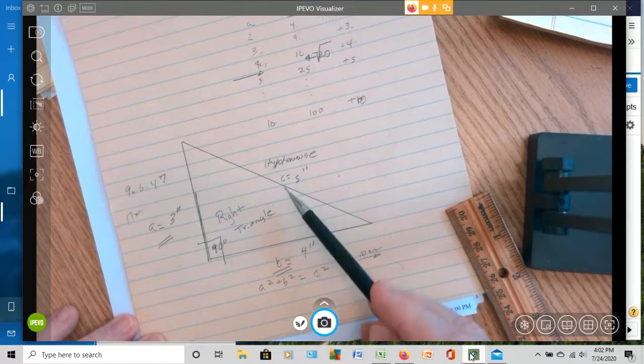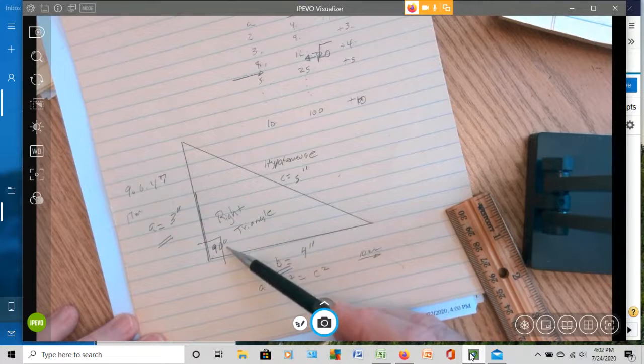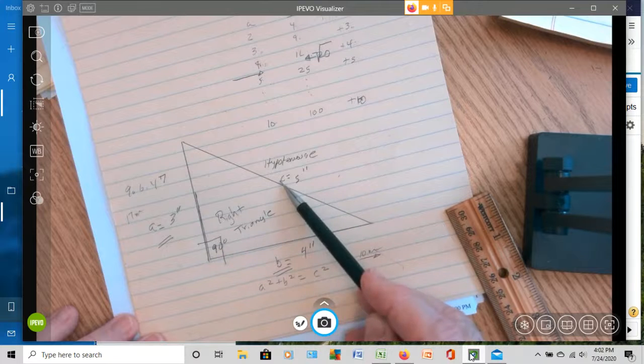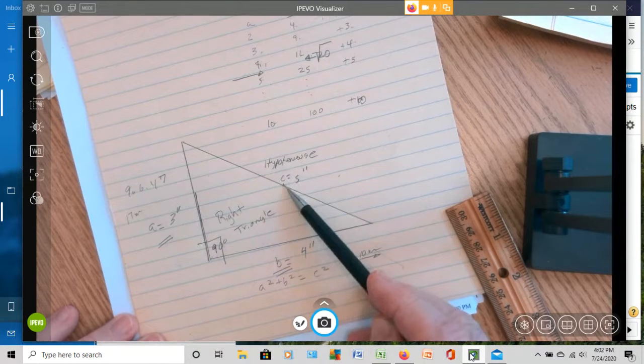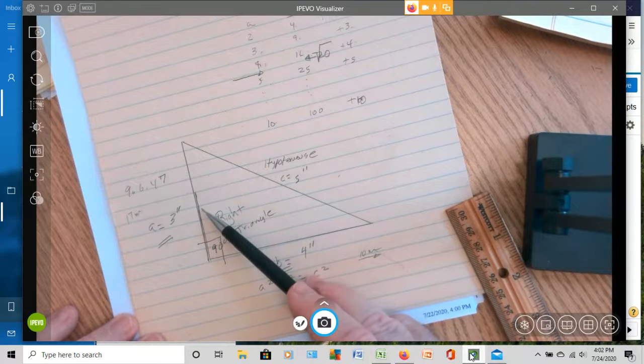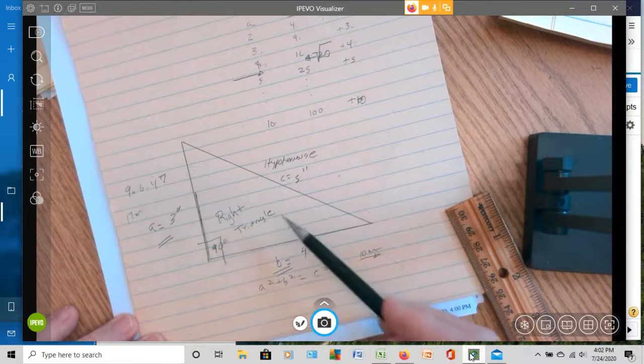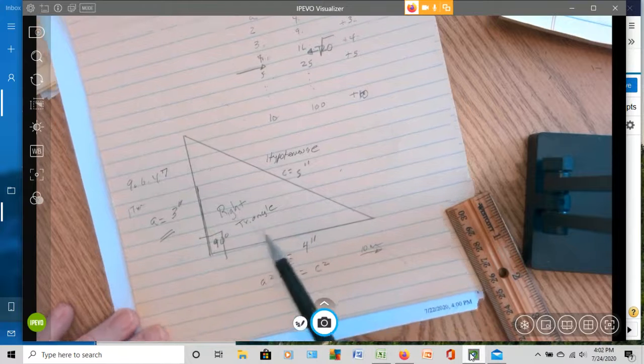The side opposite the right angle is the hypotenuse, and it's also the longest side in the triangle. Now, this is just referred to as a leg of the triangle.